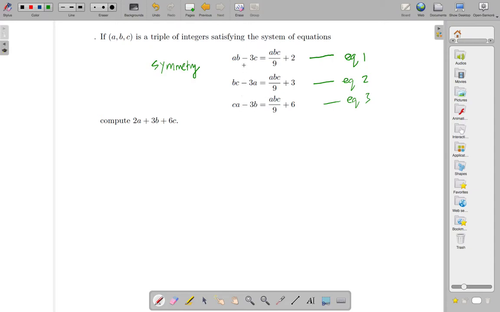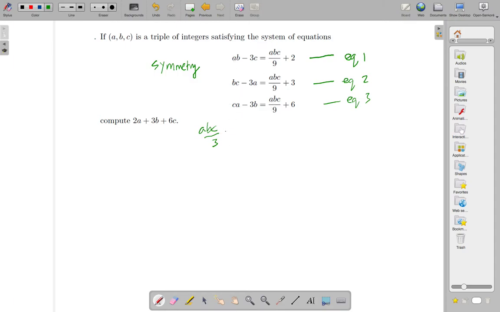Whenever you have similar problems like this, it helps to first experiment adding these three. If I add all these three equations, what happens? ABC over 9, ABC over 9, ABC over 9 will give you ABC over 3. And then on the right hand side you have AB, BC, and CA.